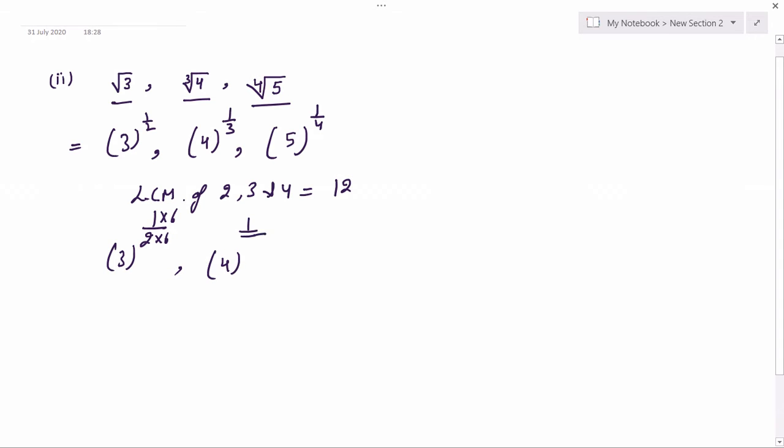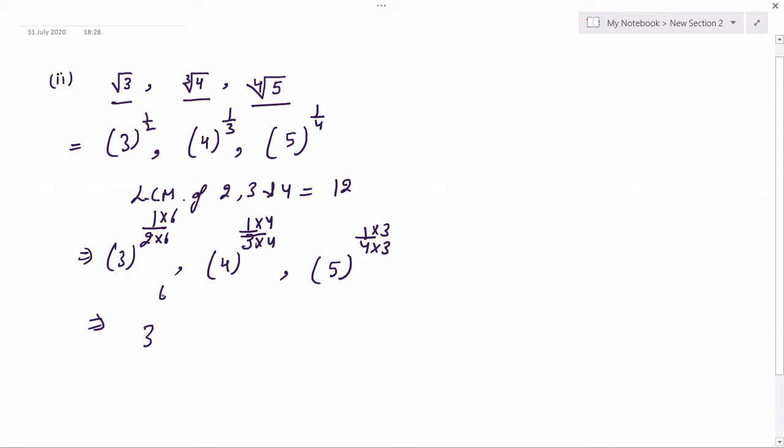Here, 4 raised to power 1 by 3, by which number will you multiply? You will multiply it by 4. And for the last number, 5 raised to 1 by 4, 4 you will multiply by 3, so the numerator you will also multiply by 3, right? In this way you can convert each number to the same root sign, right? Only if they have the same root can you compare the numbers, right?